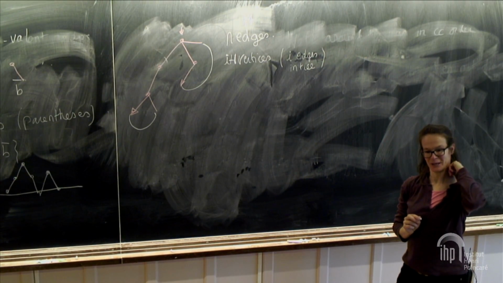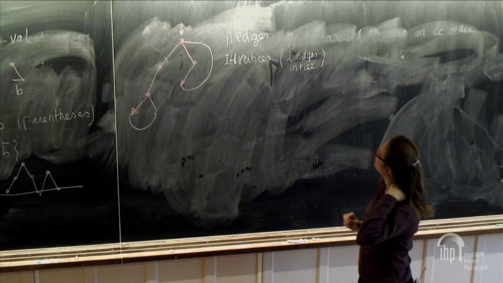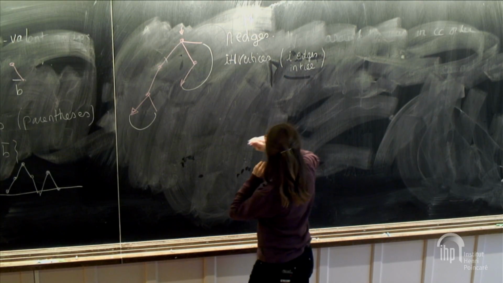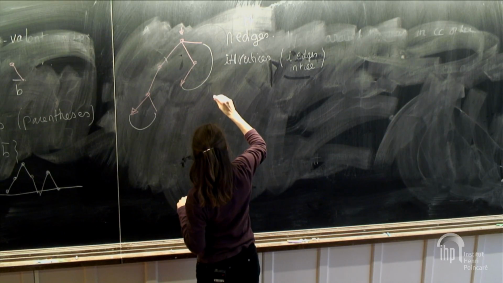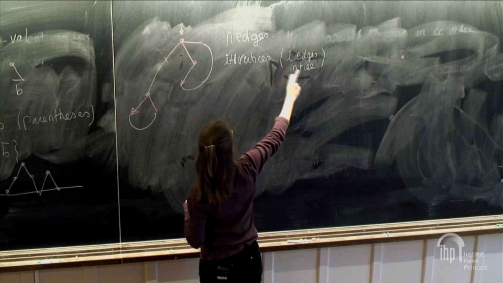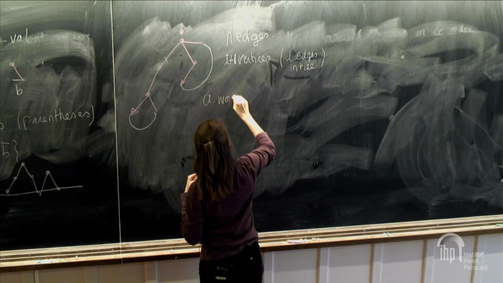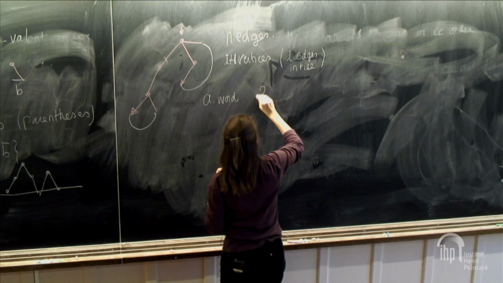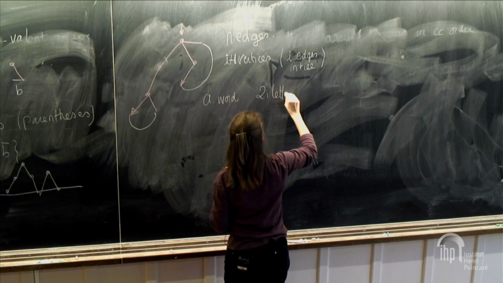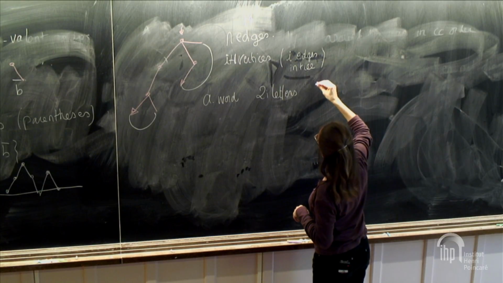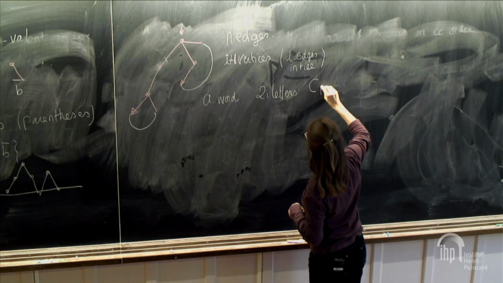And so from this, I got one word here. The A word has 2I letters. And so that's a Dyck path or a parenthesis word. And so there's C_I of them.